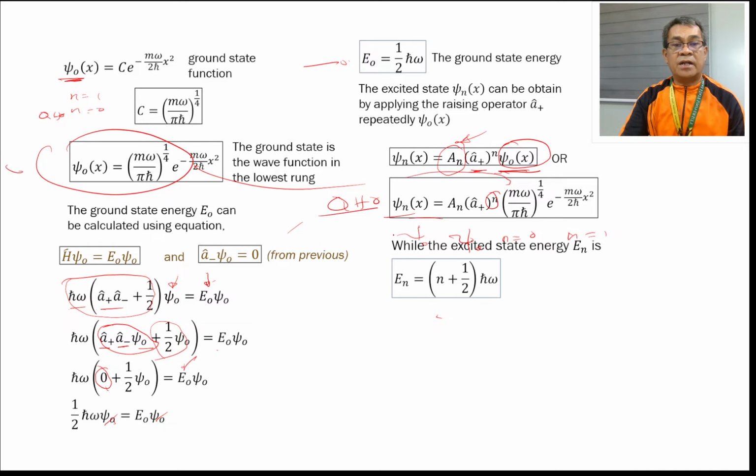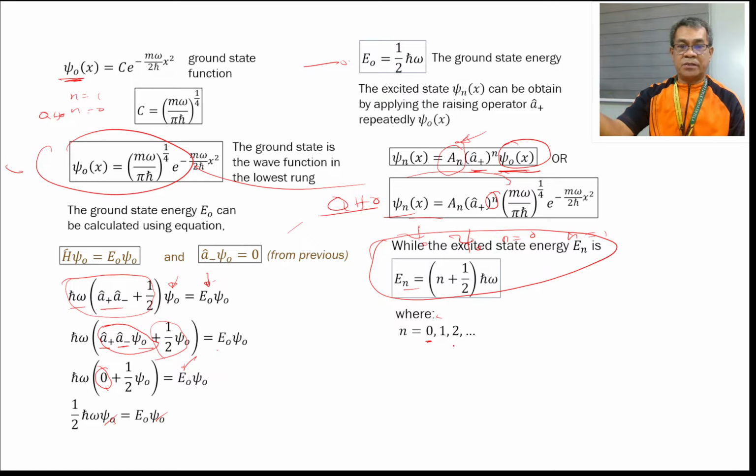And for the energy level also, we have this formula. So n corresponds to the quantum numbers. Of course, again, it starts from zero, unlike the particle in a box, because in the particle in a box there's no n equal to zero. And these are all positive again. So that's the idea of having that one.